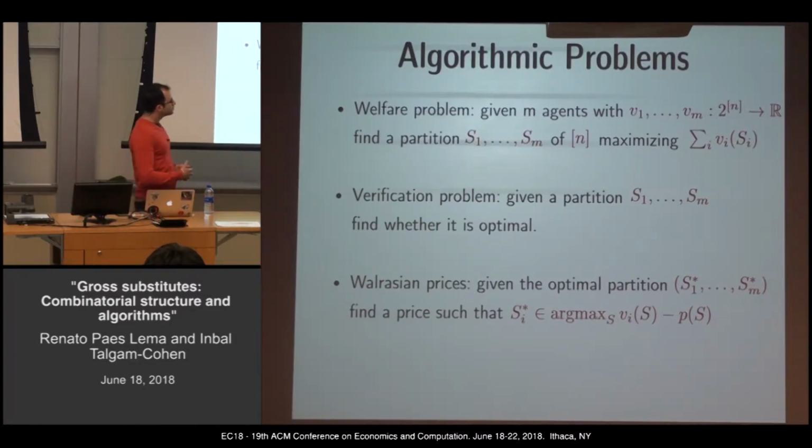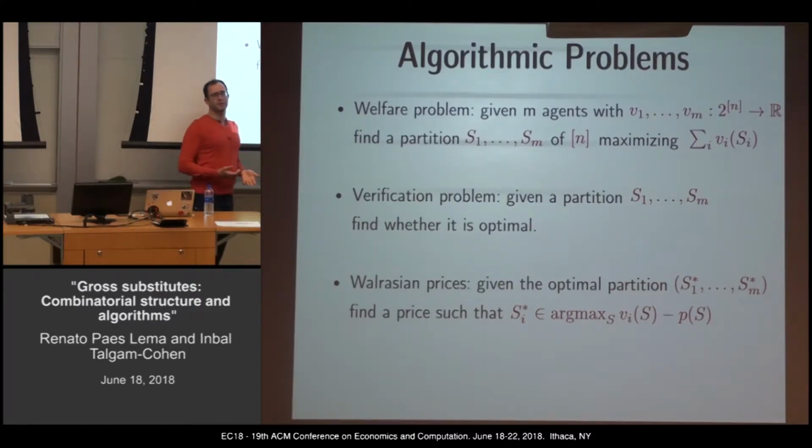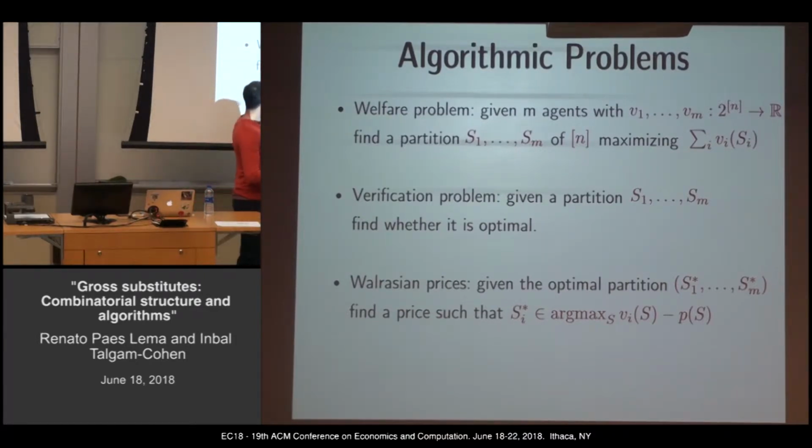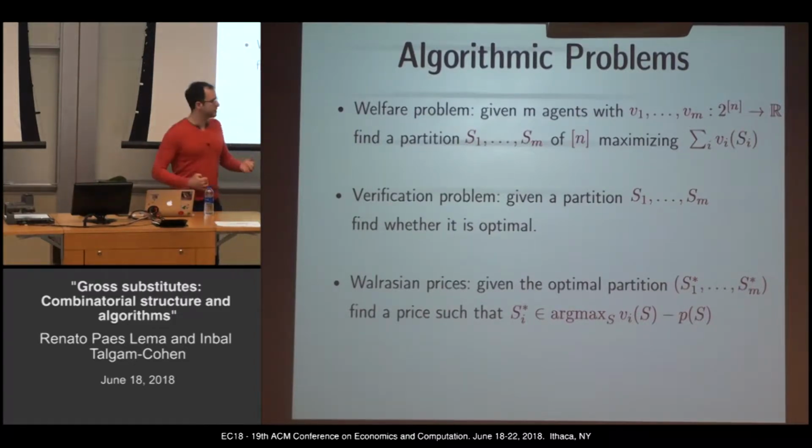The second problem, slightly easier maybe, is that I give you a partition, and you should tell me if it's optimal or not. And the third problem is that I give a partition, I promise it's optimal, and can you find Walrasian prices? Can you find prices such that everyone demands those goods at equilibrium?